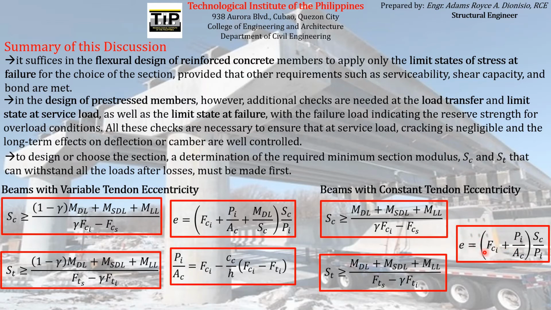So this is the eccentricity that can be used to find the proper eccentricity that will produce stresses on the concrete element which will not exceed the allowable stresses specified by the code.